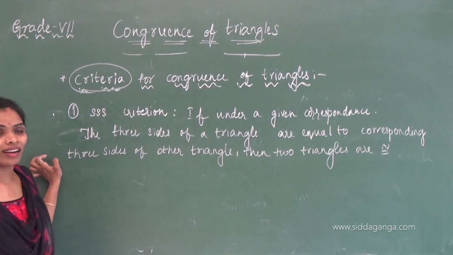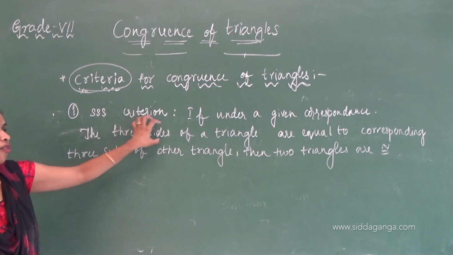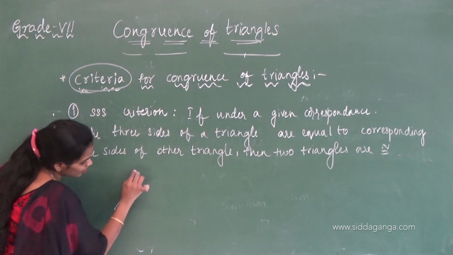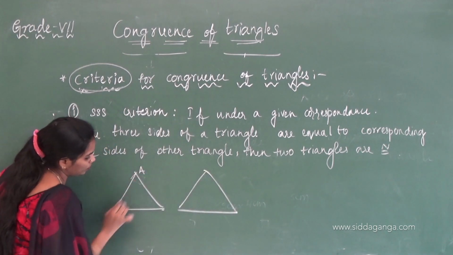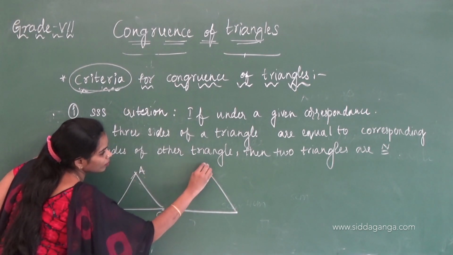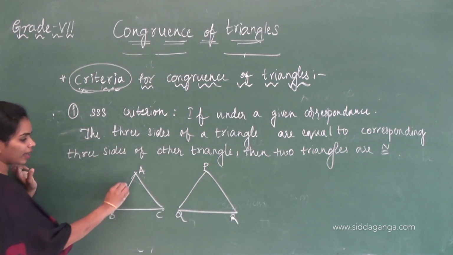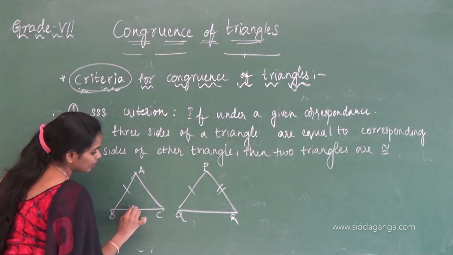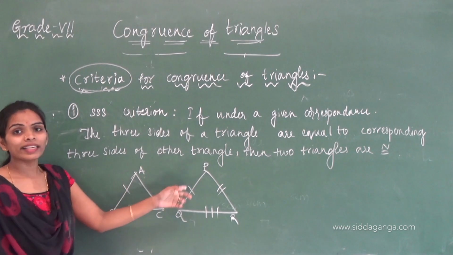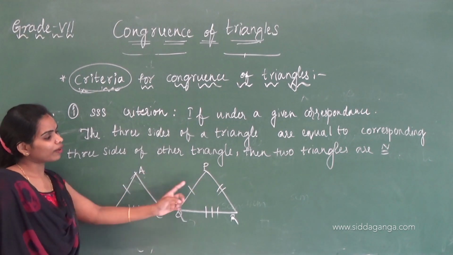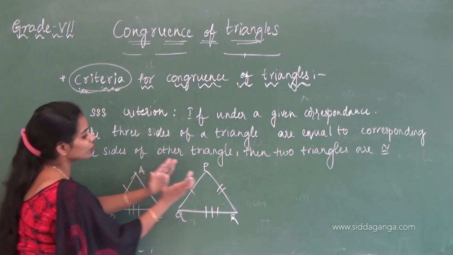What they are telling in this property, in this criteria: if three sides of a triangle are equal to three sides of another triangle, you have to take corresponding sides.